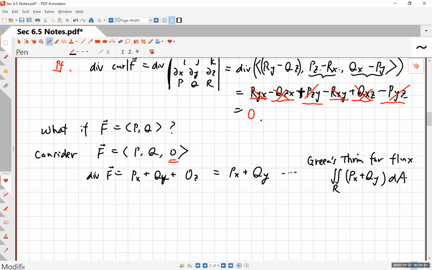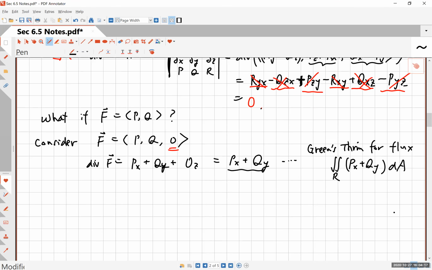This was the right-hand side of Green's theorem part 2, which is Green's theorem for flux integral. I mentioned back then that what you're integrating turns out to be the divergence of F. This is important in the sense that if you extend it to a three-dimensional vector field, this pretty much becomes what we know as the divergence theorem. So that is why I am explaining this.